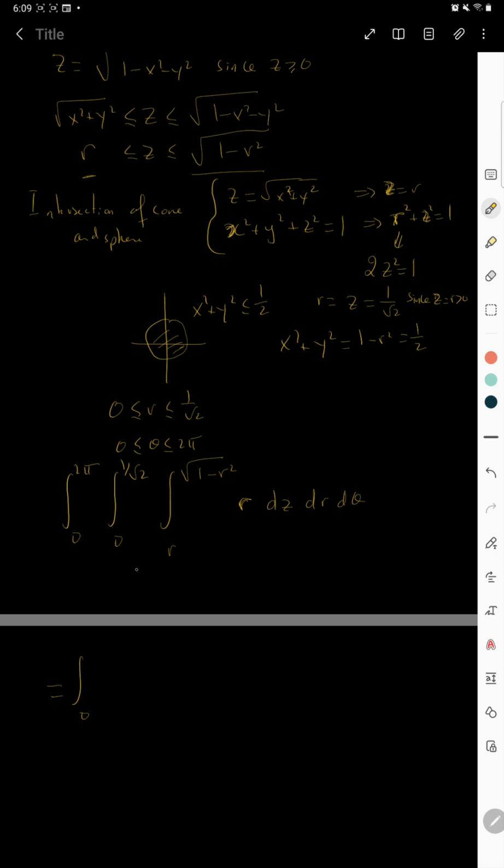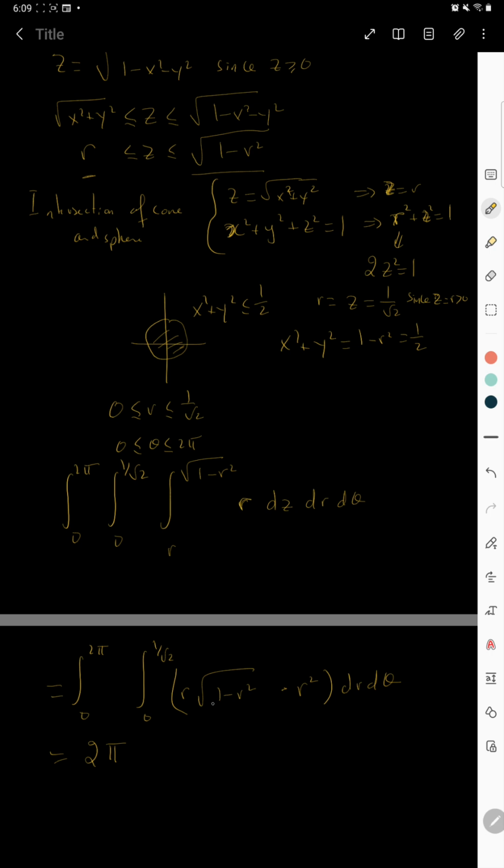So what do we get? I mean, we can eliminate the theta immediately and get a 2 pi, but let's not do that. So what do we get here? We get, of course, when I integrate with respect to z, r is constant. This is nice. So of course, this doesn't depend on theta, and I'm integrating over a rectangle, so it's 2 pi here.